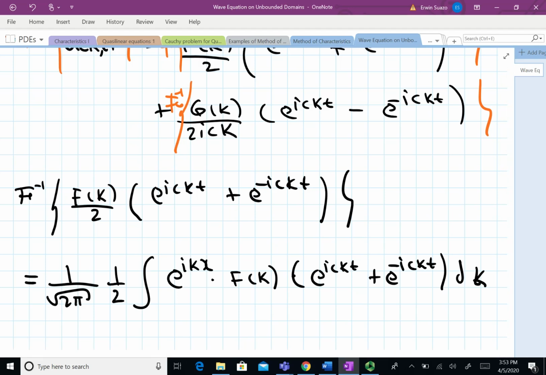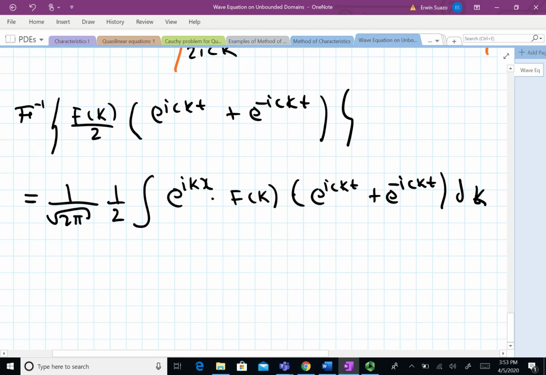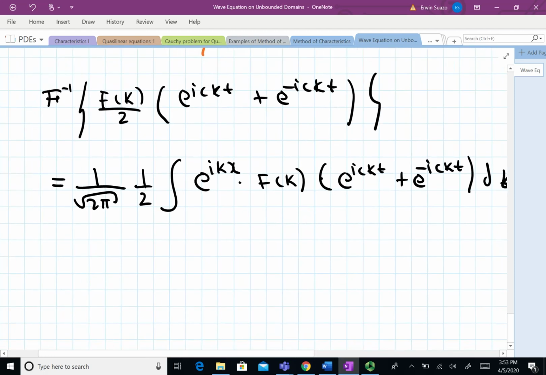So far I haven't done too much. I just applied my definition of the inverse Fourier transform and took the 1/2 out. Now I multiply e^(ikx) with e^(ickt) and e^(-ickt), and separate the whole thing.